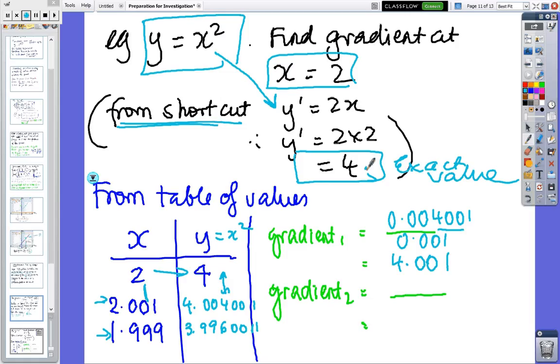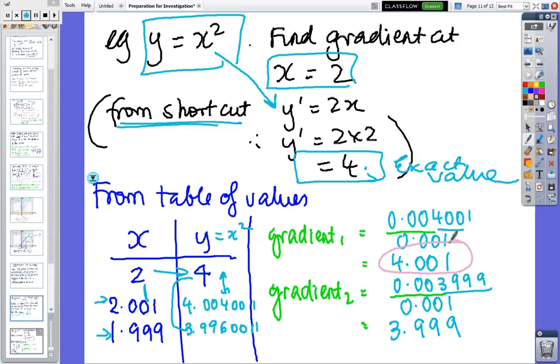And let's see what happens on the other side. The difference between those numbers is going to be 0.003999, and we've got 0.001 again, so we've got 3.999. If you have a look at the values, we've got 4.001 and 3.999, so we're squeezing the value 4 in between them.